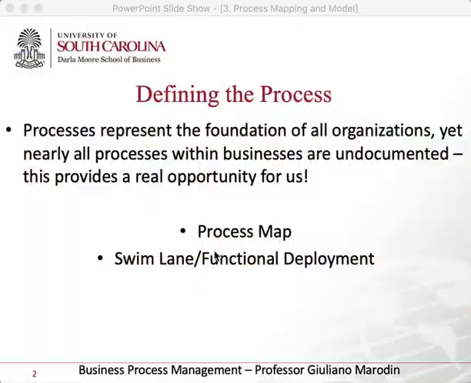Someone knows one small part, let's say production planning, another knows sales, another knows scheduling, another knows shipping, but no one takes the time to stop and look at what everybody's doing and what the impact of one person is on another. That's why it's critical to take time in process mapping to understand in detail what everybody is doing.